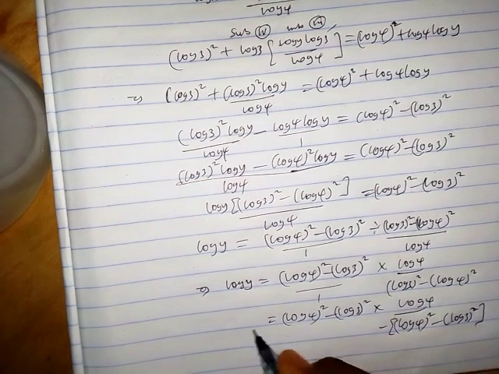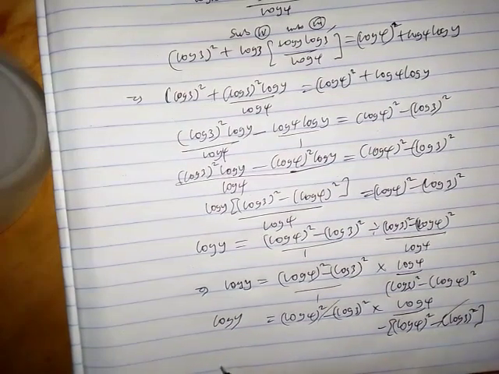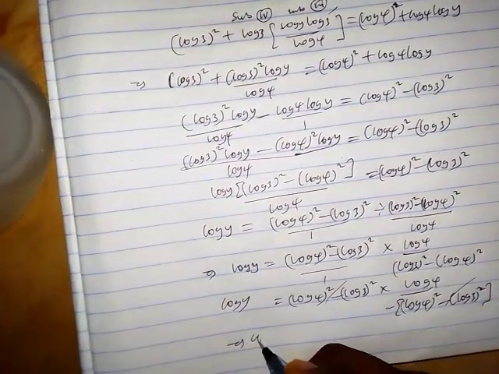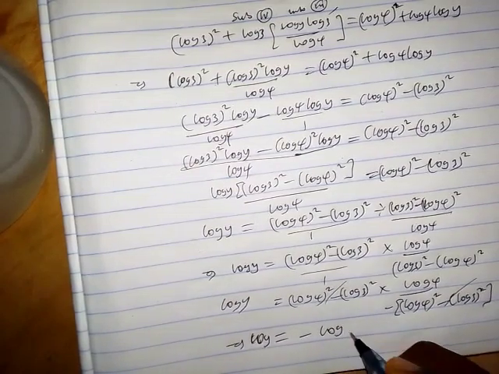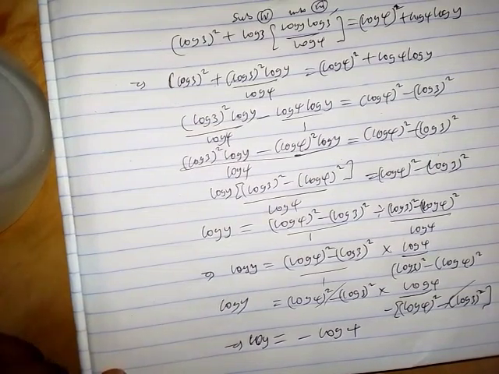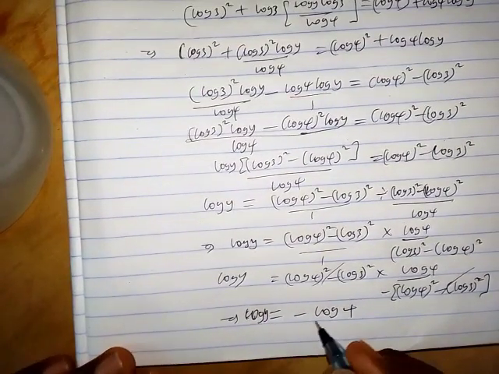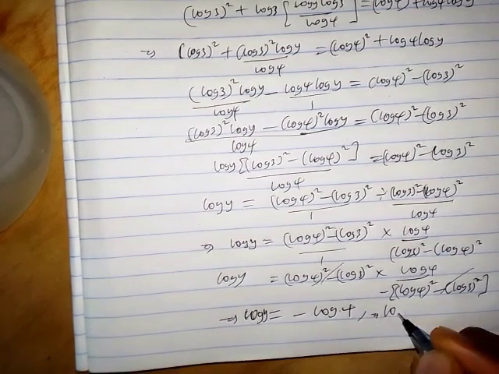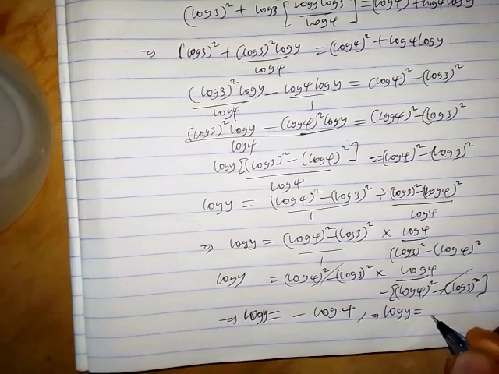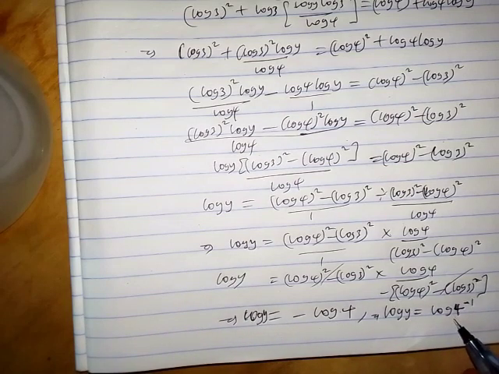So in this case, this cancels this, and we are left with log y equals minus log 4. This can be written as log y equals log 4 raised to power minus 1 by rules of logarithm.